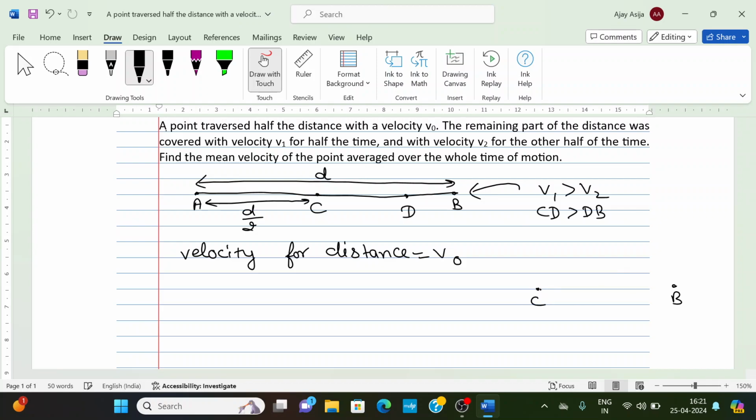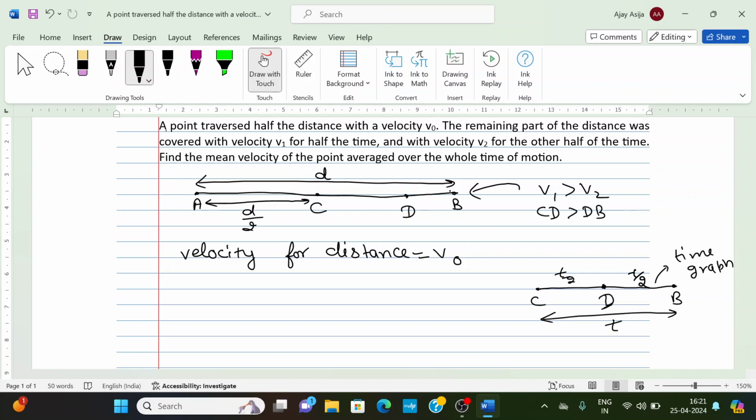The line between C and B here represents the total time taken in traveling from C to B, and let us say this time is T. On this time graph, we will put the point D midway between C and B, because the time taken in traveling from C to D is the same as the time taken in traveling from D to B, which is T by 2.